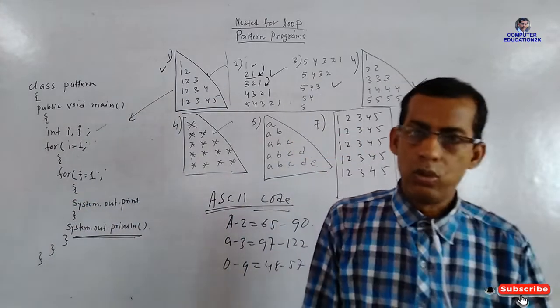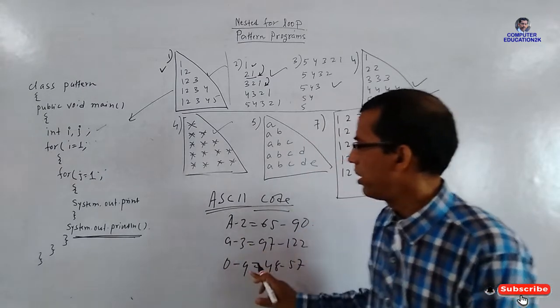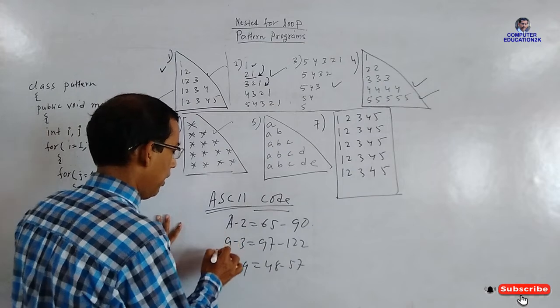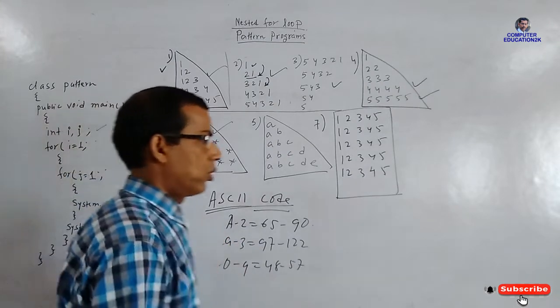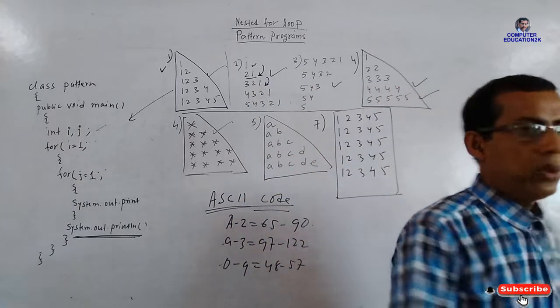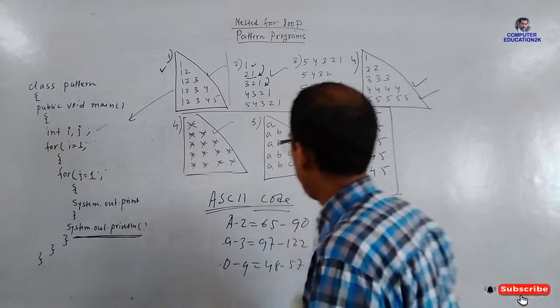These are the ASCII values of capital A to Z, small a to z, and 0 to 9. To do this program, we need the ASCII values.